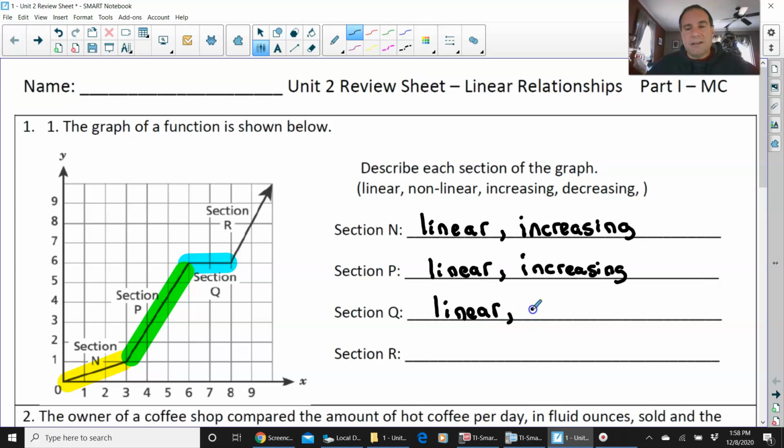So this has a slope of 0. And that is a horizontal line. Horizontal lines have a slope of 0. Just think of that O in horizontal as 0 slope. Horizontal lines, 0 slope.